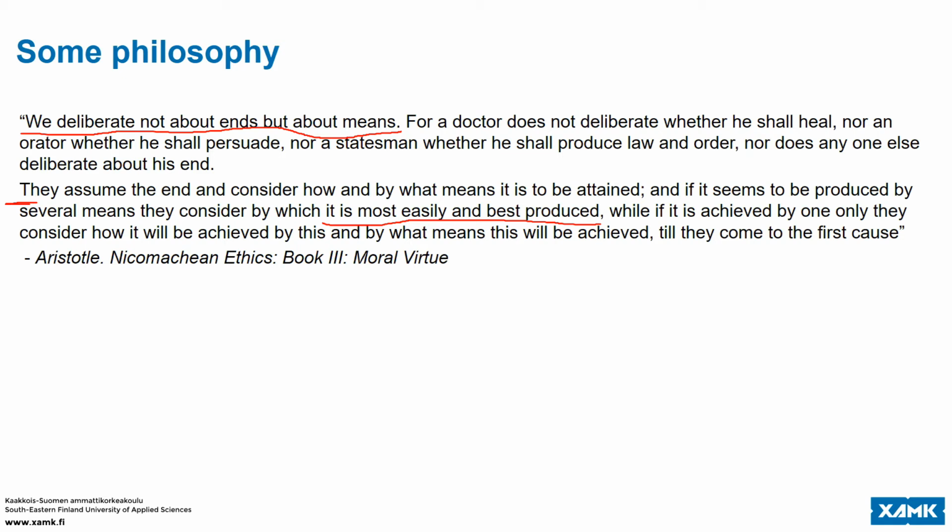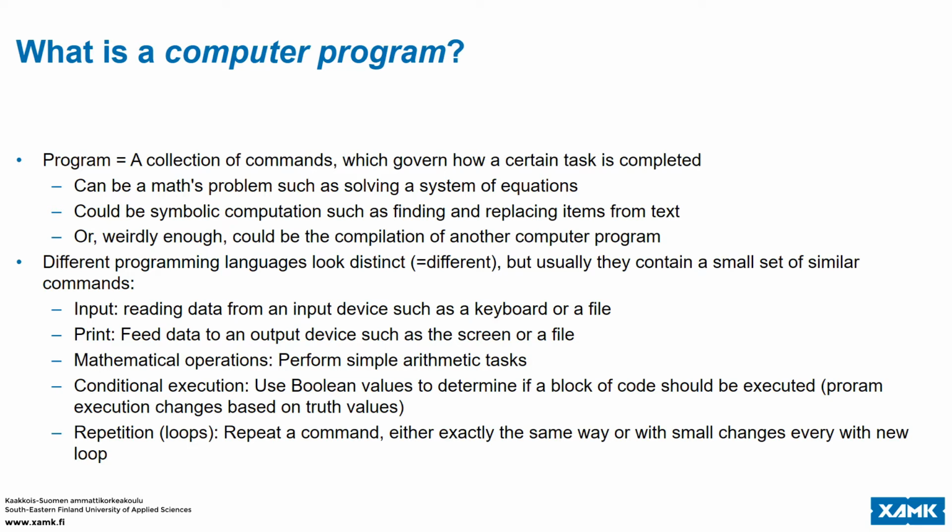And once we have figured this out, we can move on, or at that point we can start deliberating about ends and not means. But so far we are still deliberating about means. Anyway, that's enough philosophy for now.